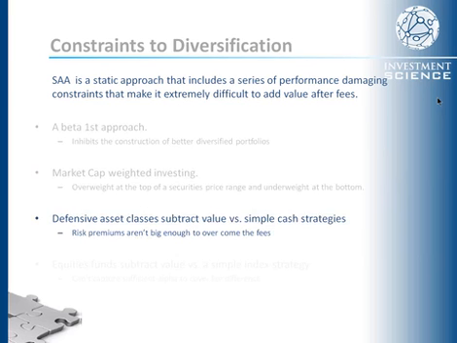Another problem is that defensive asset classes subtract value versus simple cash strategies. Consider the 30% that most growth funds have in fixed interest. The traditional style fixed interest is government bonds with a little bit of corporate bonds, and from a risk premium point of view, the typical fixed interest asset class has about 0.5% per annum excess return over a long period of time over that of the equivalent risk-free rate.